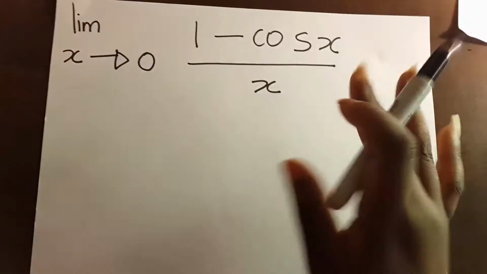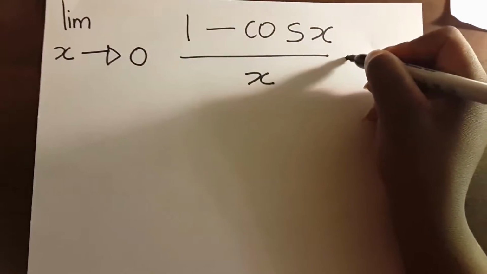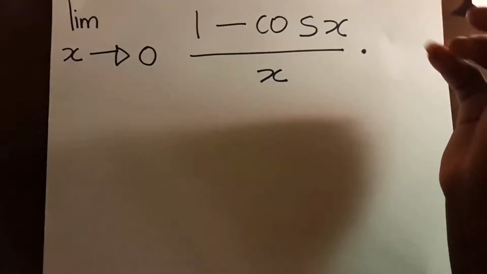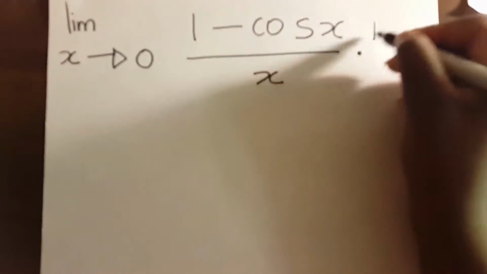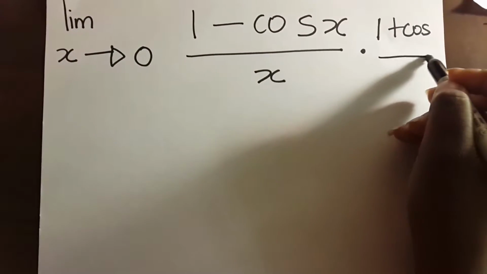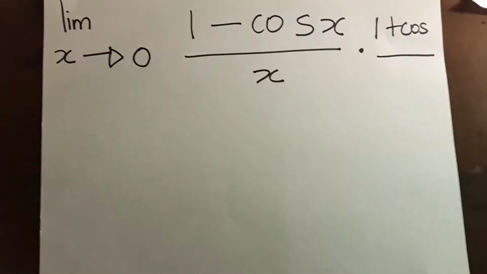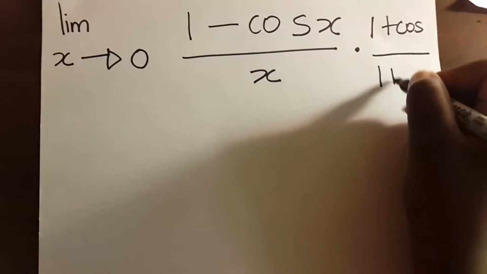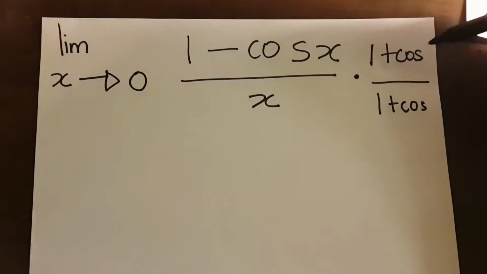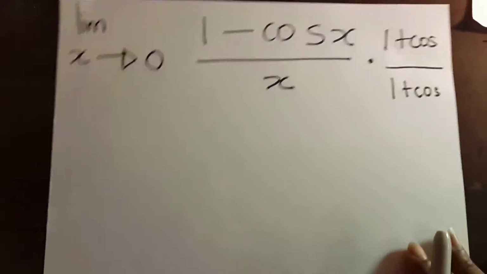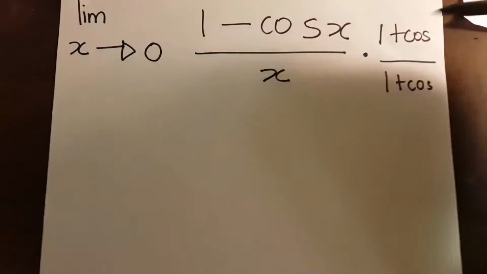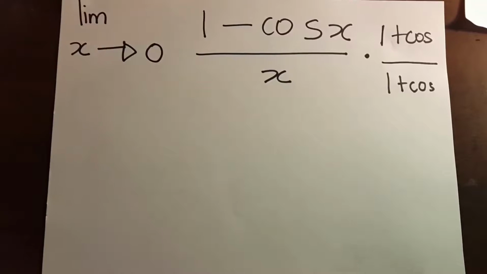If you're given two terms, that should hint that you have to multiply by the conjugate of the top function. The conjugate here is 1 plus cosine x. What you do on the numerator must be done on the denominator. Multiplying by 1 plus cos x on both the numerator and the denominator simply means you're multiplying by 1, because 1 plus cos x over 1 plus cos x is 1.